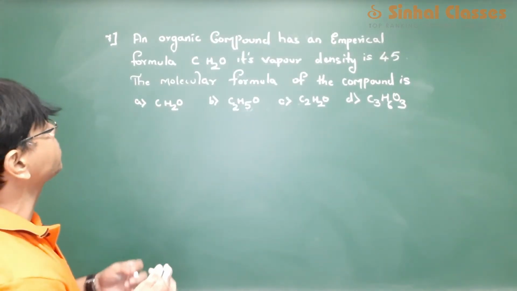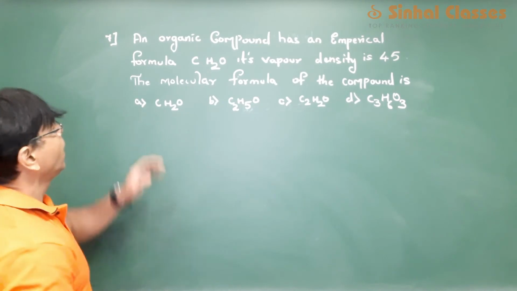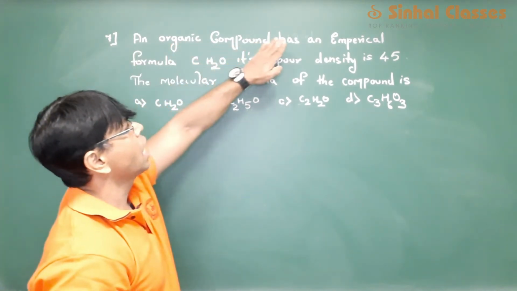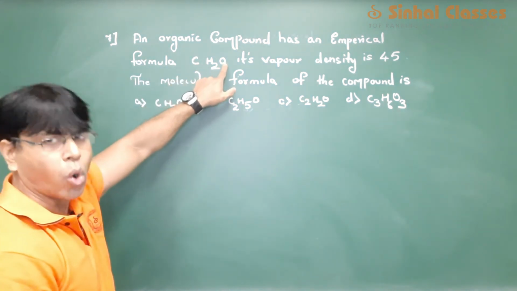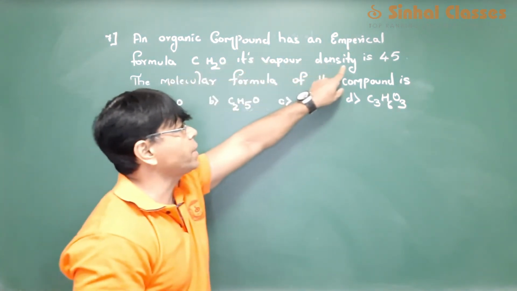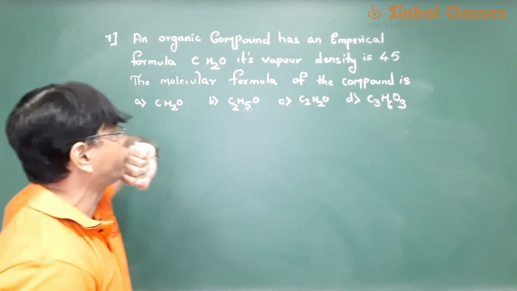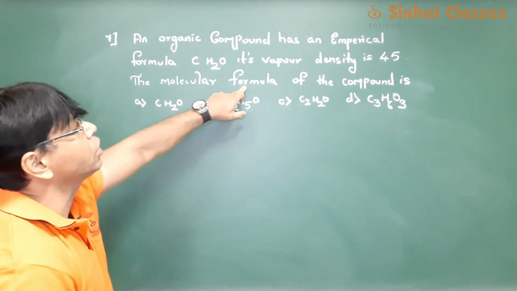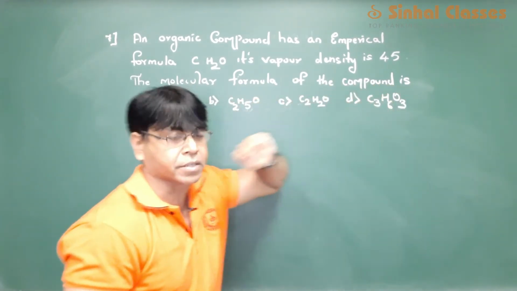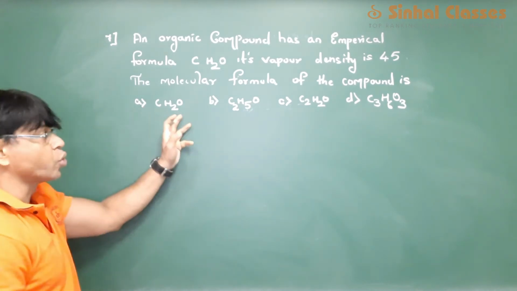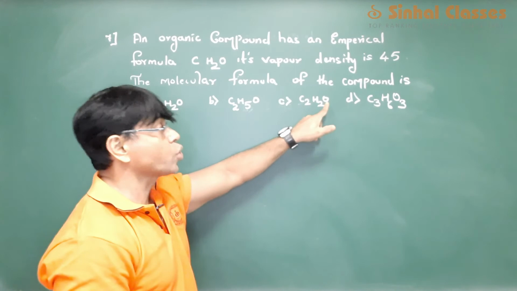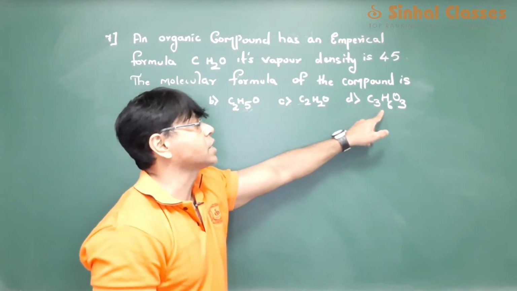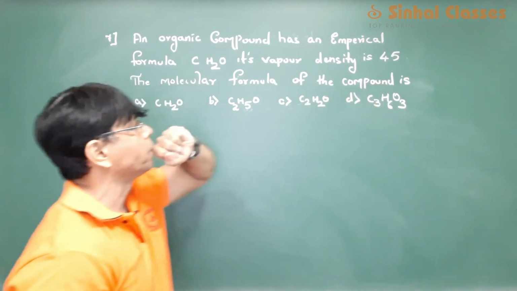So let us see question number 7 now. An organic compound has an empirical formula CH2O. Its vapor density is 45. The molecular formula of the compound is: CH2O, C2H5O, C2H2O, or C3H6O3.